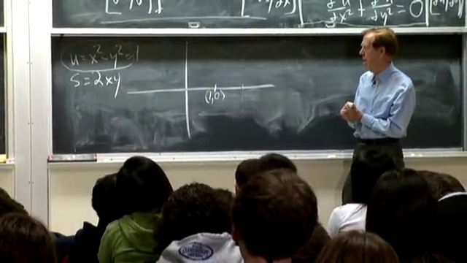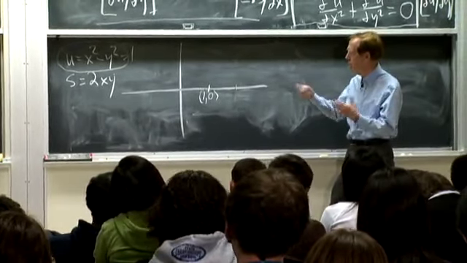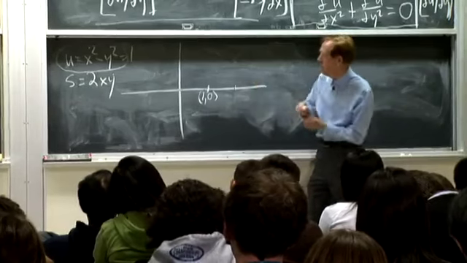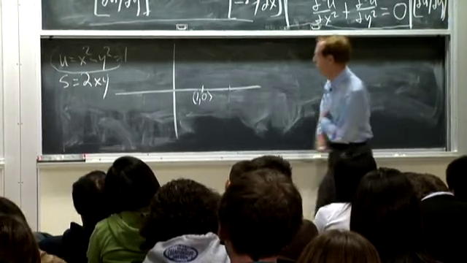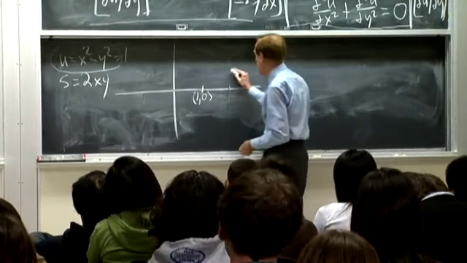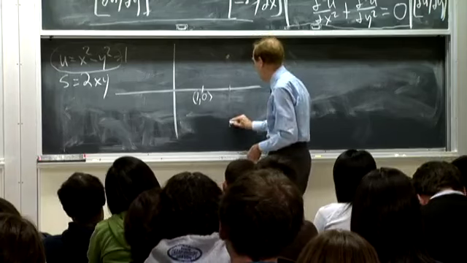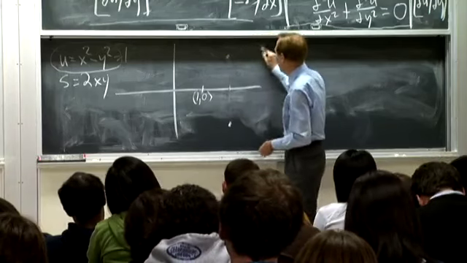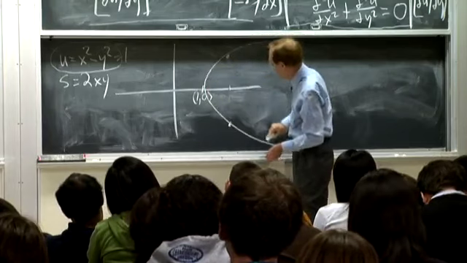What should y be then to make this right? Where's the curve going? When x is 2, what is y? Square root of 3, plus or minus. So square root of 3 is something like this, up or down. It's a curve like so. It's a hyperbola.